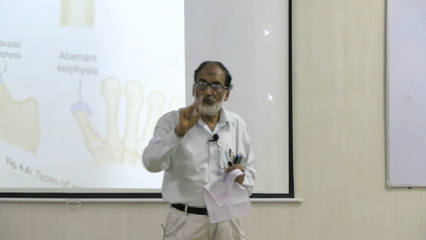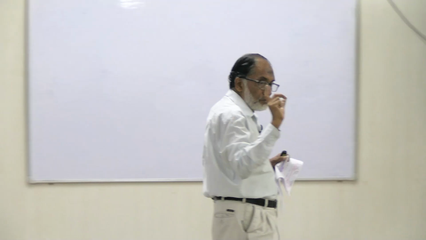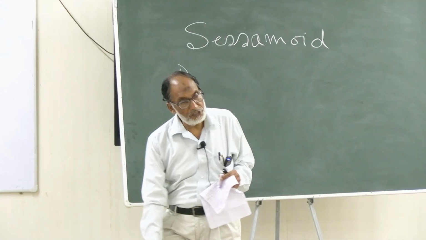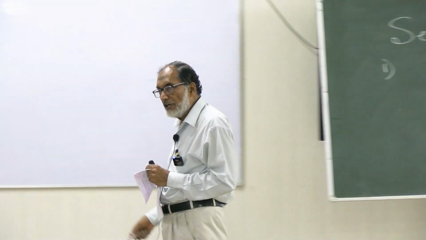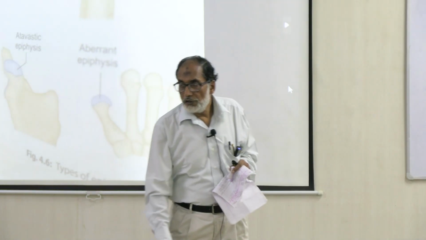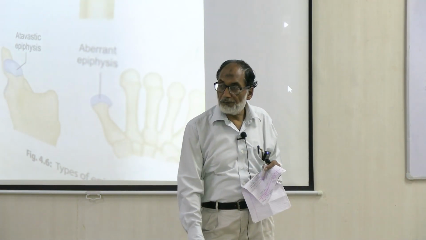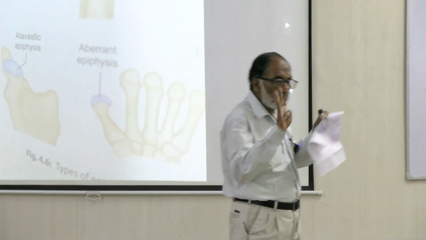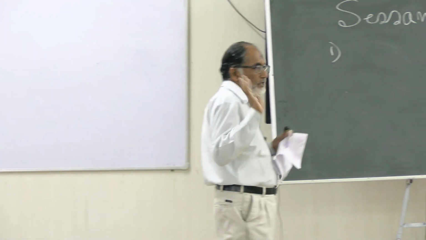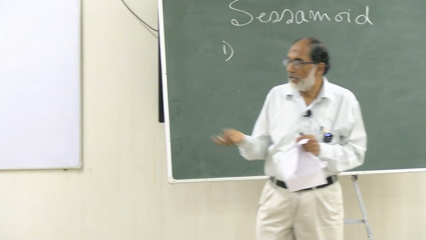The biggest sesamoid bone is the patella. Here you see, this is the patella. This patella develops within the tendon of the quadriceps femoris muscle. This muscle at the front of the thigh is known as quadriceps, and within its tendon develops the patella.